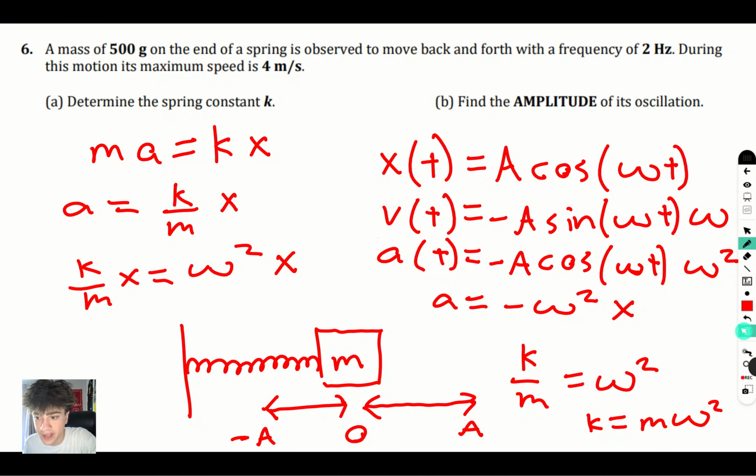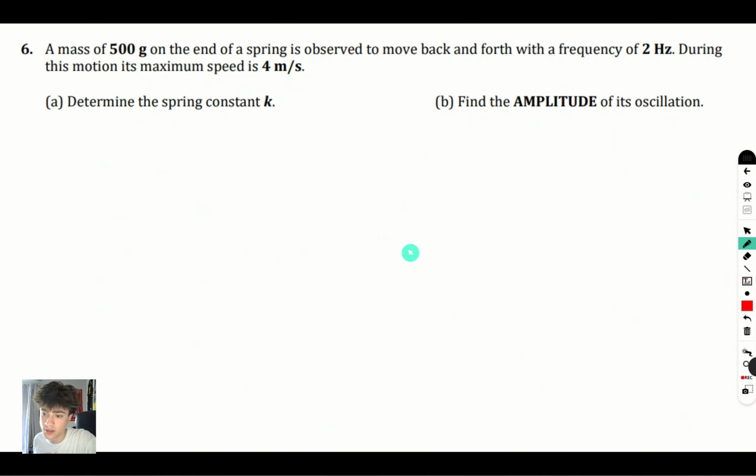I'm going to erase this page to free up some more space. Alright, let's rewrite our equation. Now, we're given mass, but we still have to find out what our omega is going to be. So we can use the information we're given here.